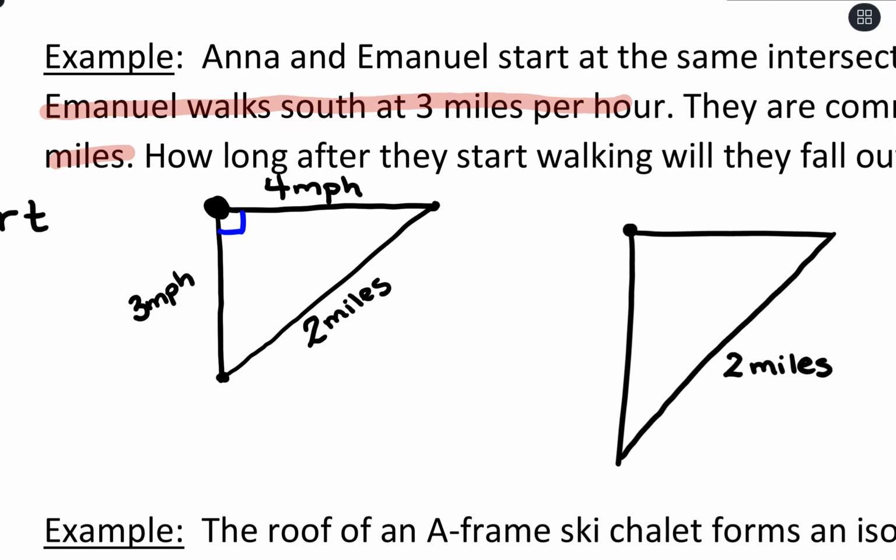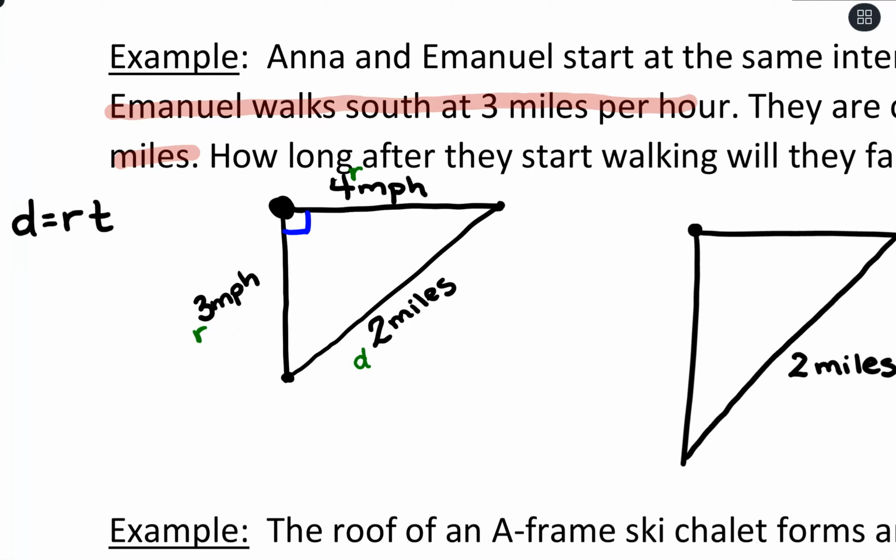And actually, let's label these. So this is a distance, this is a rate, this is a rate. If I wanted to change that 4 miles per hour into a distance, I just need to multiply by time. And same thing with the 3 miles per hour, I would need to multiply by the same amount of time that they're walking, so it'll be that same variable of t.